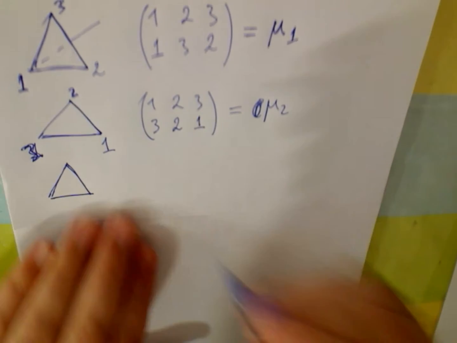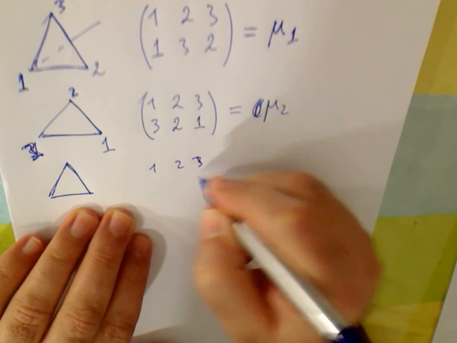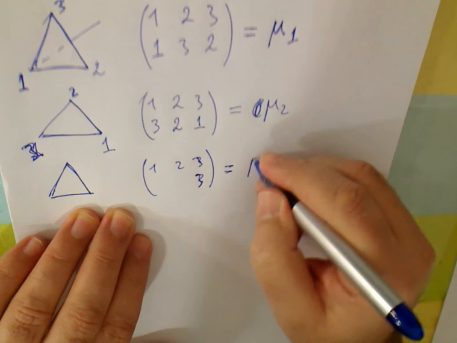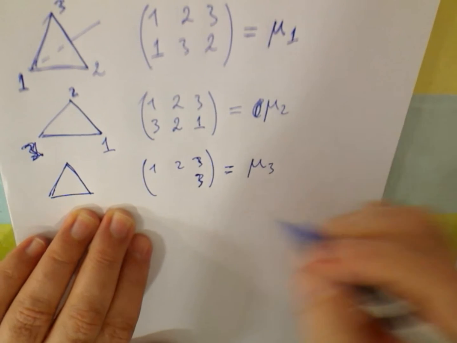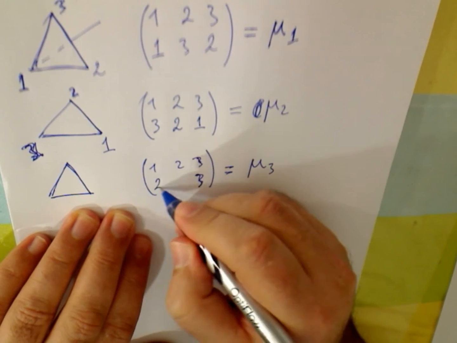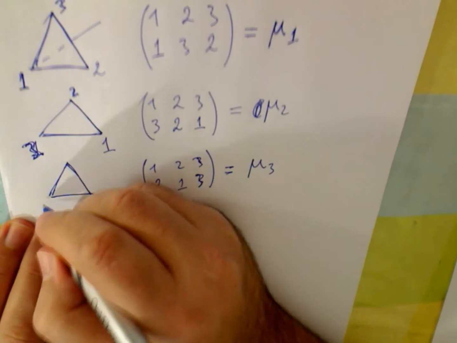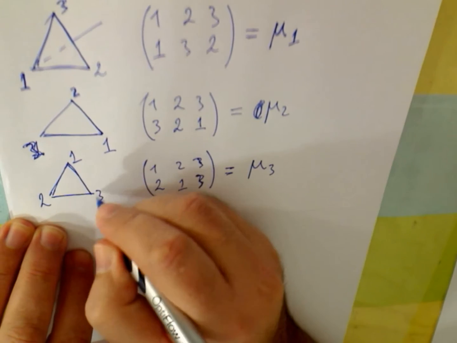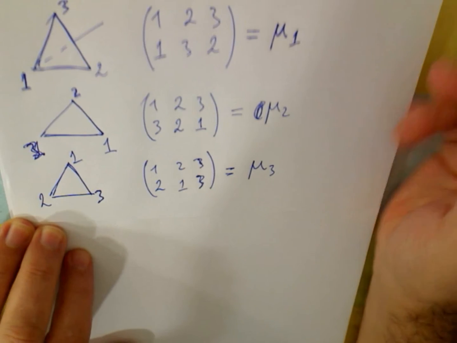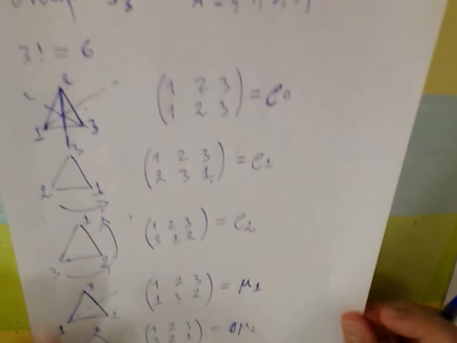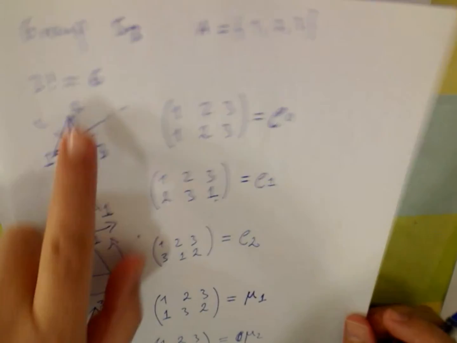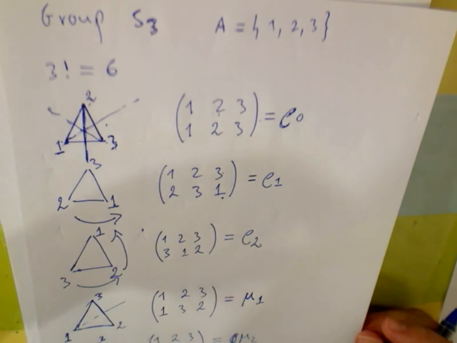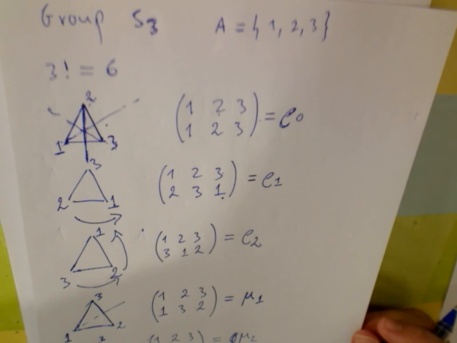I'm going to call it mirror 3, and 1 will be 2 and 2 will be 1. So we'll have 2, 1, 3. Here we are, the 6 permutations of the symmetric group S3.